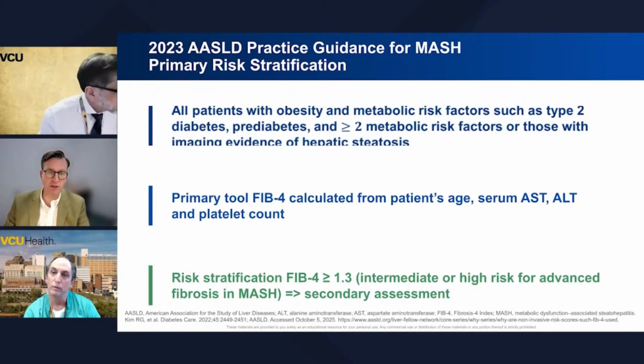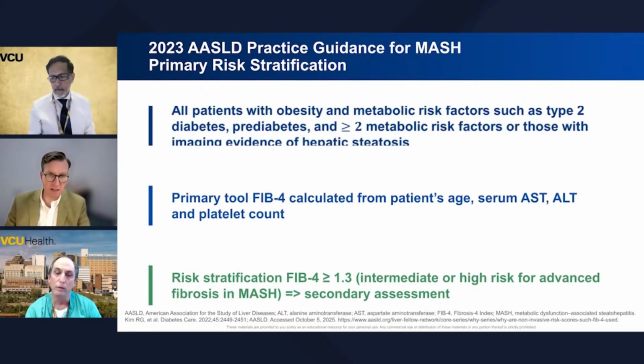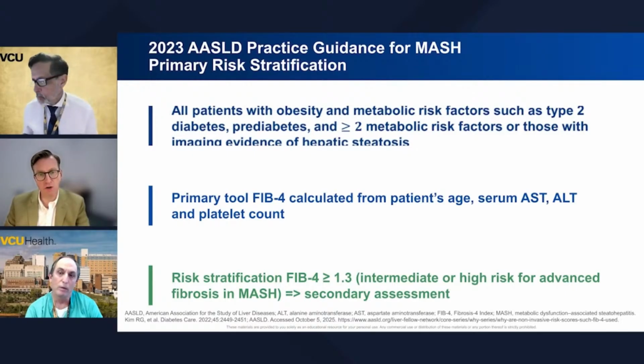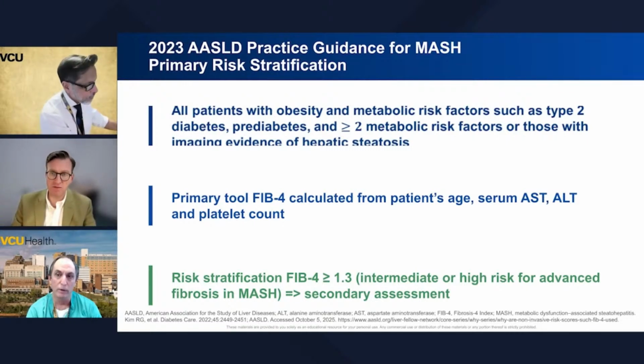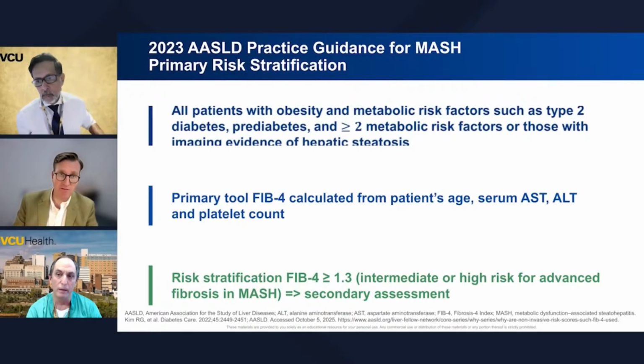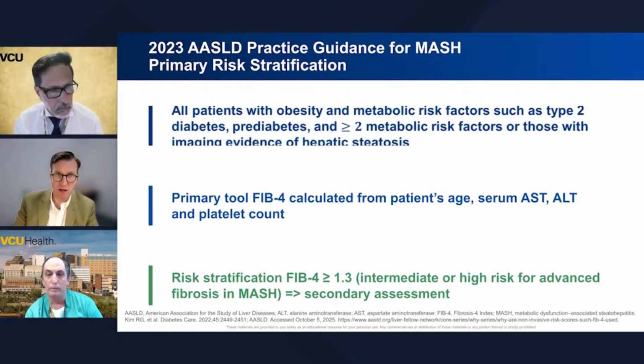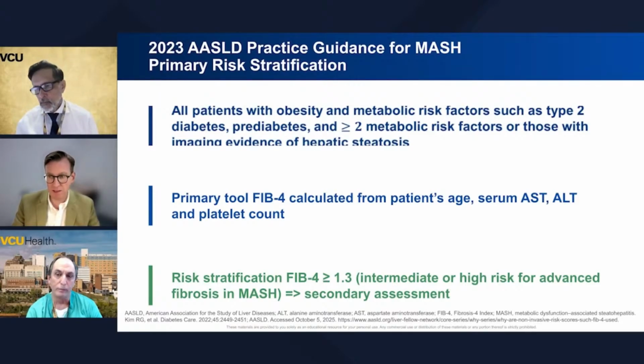And the starting point in both is to use the FIB4 to calculate that as Richard has explained, and then to look at a cutoff of 1.3. And that's the number to have in your head. If the value is below that, you have a very high negative predictive value, and so it's very useful for ruling out patients. Above that level, as the guidelines suggest, you probably need to go on to a second line test, and I know we'll come back to that in a minute.